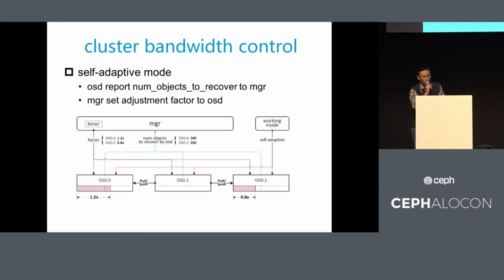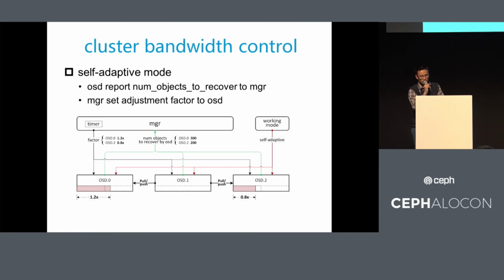Let's talk some more about the self-adaptive mode. When the cluster selects this mode, if the load status is active, OSDs may be all limited to the same medium level. The OSD with more objects to recover will take longer to complete recovery than those with fewer objects.